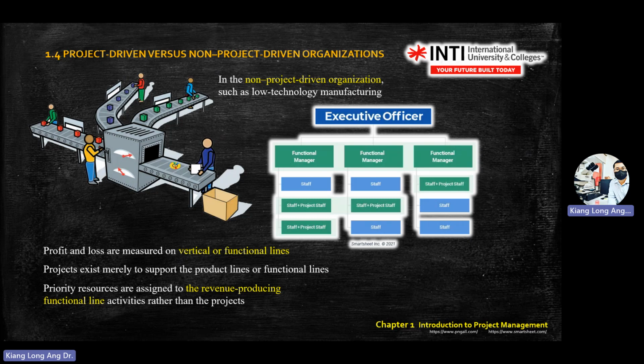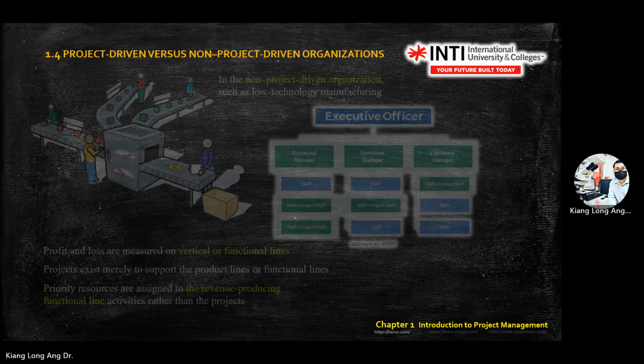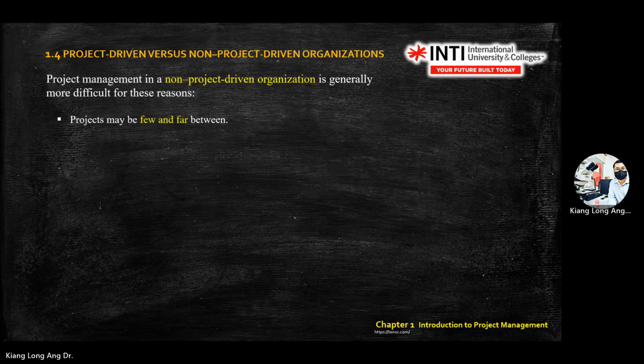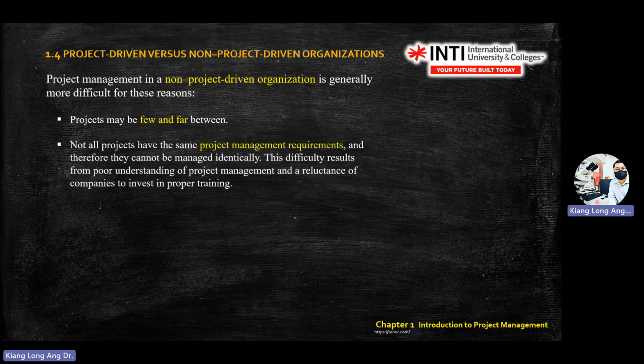You have different series, so they look at this as line number 1, number 2, number 3, and so on. More detail will be in chapter 2 about non-project driven. I think we covered it here already. All right, this one you read.